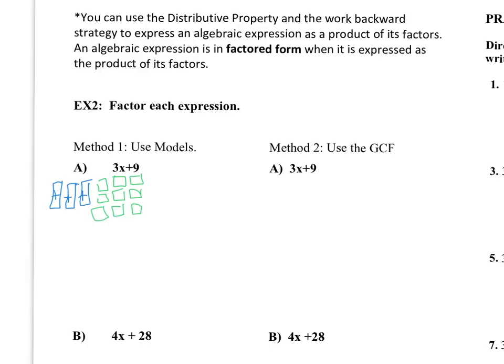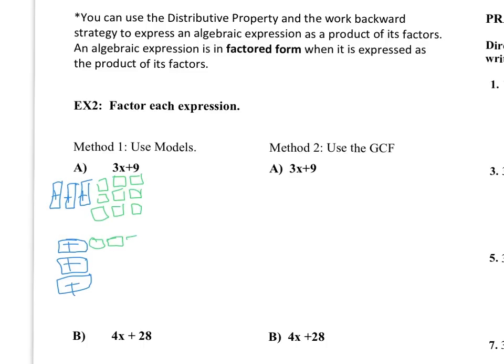Now, in order to decide how to use the GCF, we do need to create a rectangular shape using the information. So knowing that 3x plus 9, that 3 is our main value, what we're going to do is create the 3 groups and split up the constant tiles evenly.